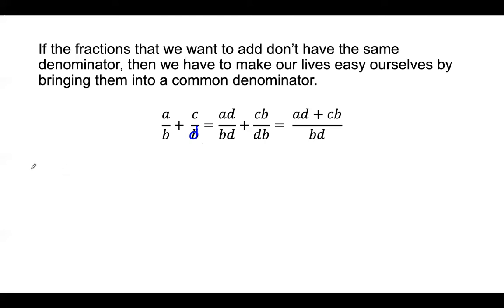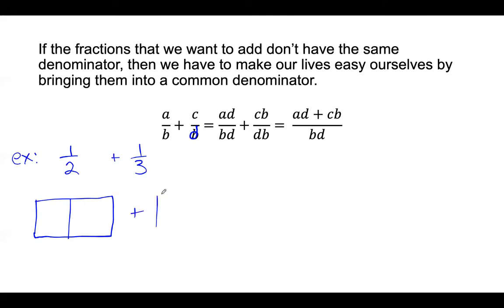So what we do, let's look at an example first. Suppose we're adding a half plus 1 over 3. So suppose this is cake and you have, let's say, half a cake, and we're adding it plus a third of a cake.